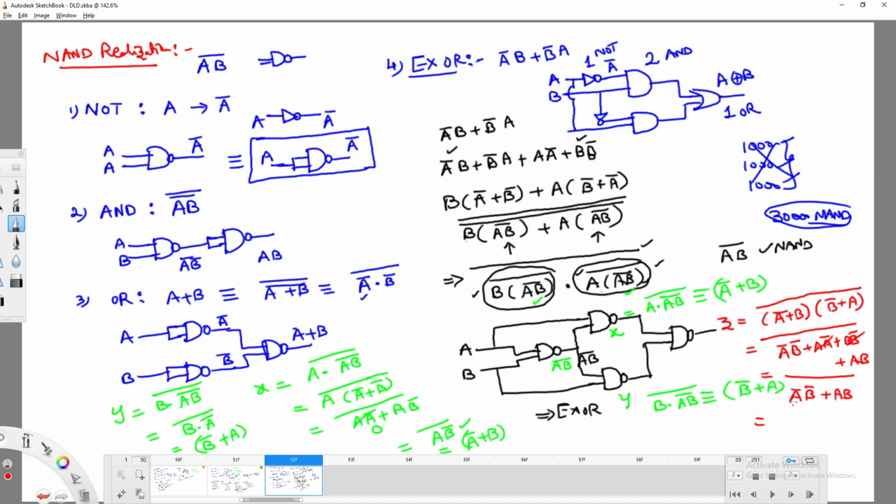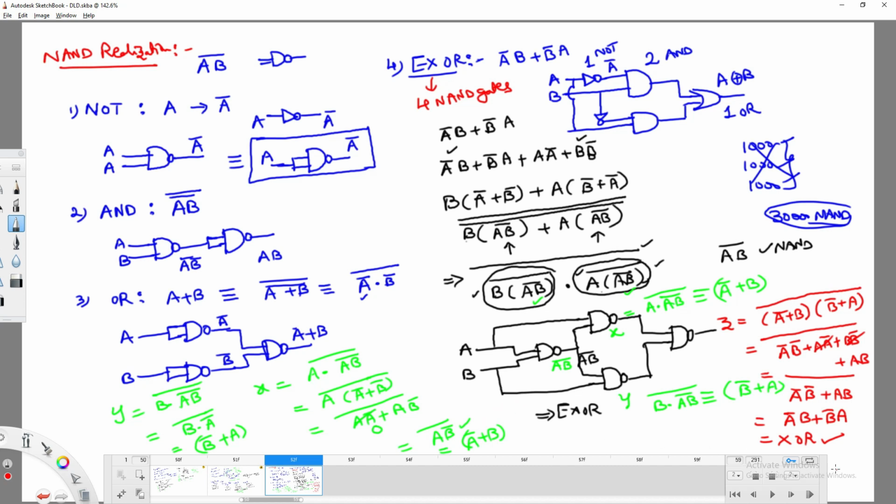And you know XOR is the complement of XNOR, am I right? So if you solve this expression once again, you are going to get a bar b plus b bar a, which is equivalent to XOR. So in order to construct XOR gate in terms of NAND gates, how many NAND gates are required? 4 NAND gates are required.